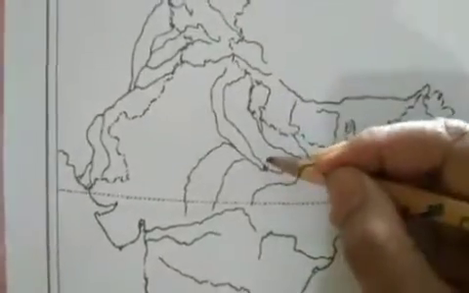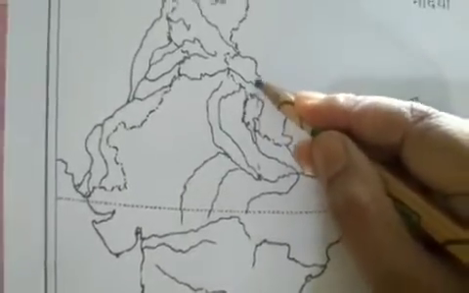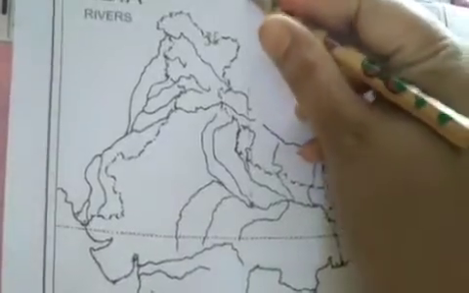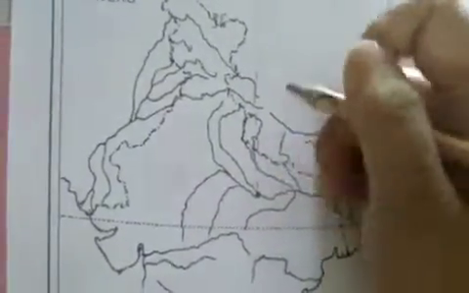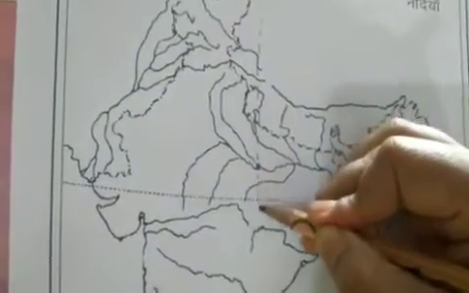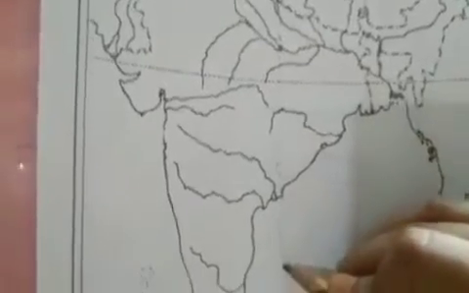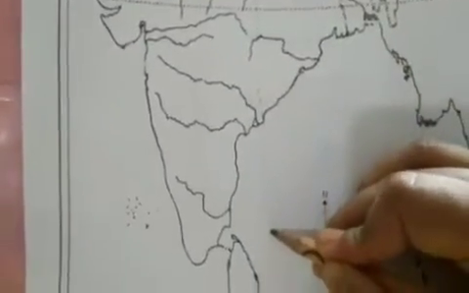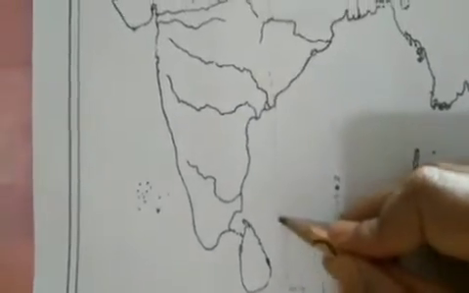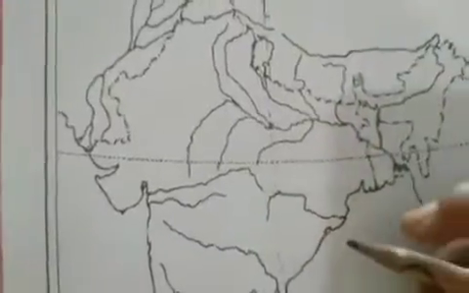Now you are going to mark this 82.5 degree east longitude like this. It should pass through this Prayagraj. This is your standard meridian. You make it straight, standard meridian, right? Okay.